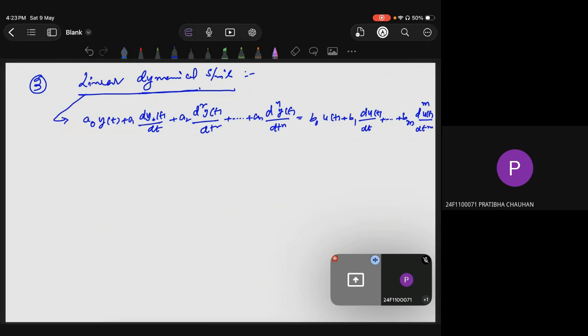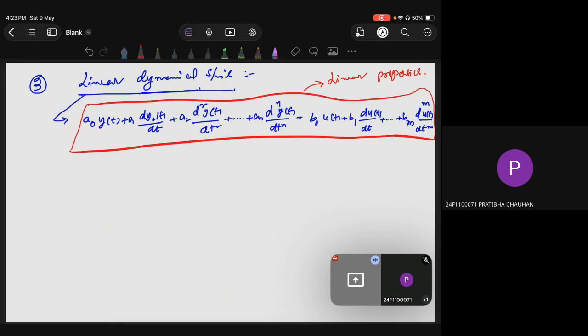If any system is in this format in terms of differential equations, then we can say that it is a linear dynamical system. It means that it will follow the previously defined linearity properties, so we can verify both additivity and homogeneity for this kind of system.